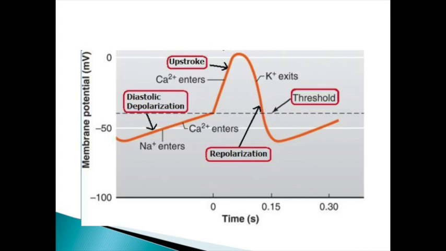Then phase 0, the ascending upstroke limb. Then phase 3, and at the end of phase 3, phase 4 immediately starts. Phase 0 represents depolarization, and phase 3 represents repolarization.